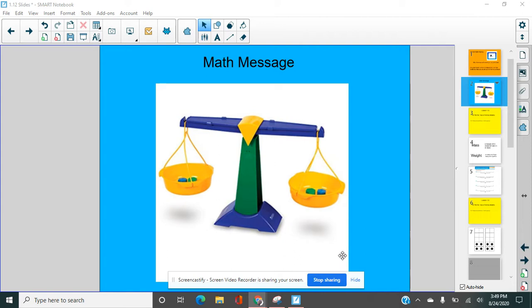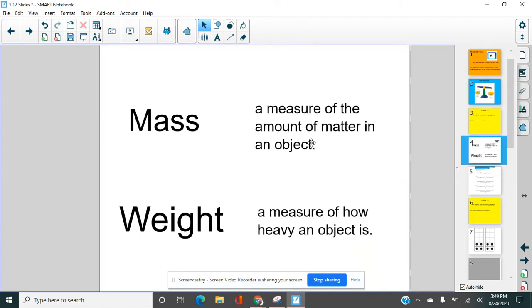What we're going to do today with the pan balance is use it to measure mass. Now, mass is very similar to how something weighs. There's a little bit of difference between those words, right? Mass is the amount of matter, the amount of stuff that's inside an object, and weight is dependent on gravity and how heavy it is.